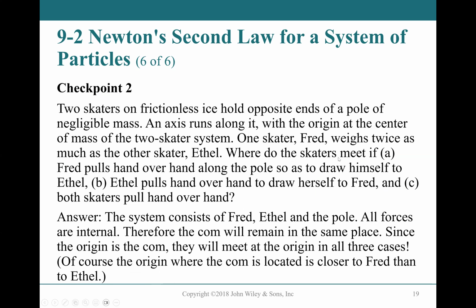So where do the skaters meet? If A, Fred pulls hand over hand along the pole so as to draw himself to Ethan, B, Ethan pulls hand over hand to draw herself to Fred, and C, both skaters pull hand over hand.